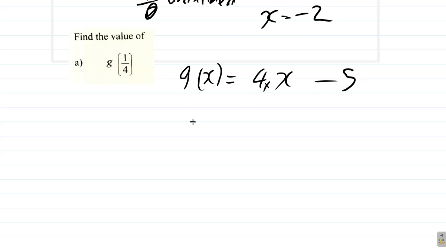But g of a quarter means it's no longer x, so I remove the x and put a quarter wherever I see x. 4 times a quarter is 1. 1 minus 5 is equal to negative 4. So in this case, it's negative 4.